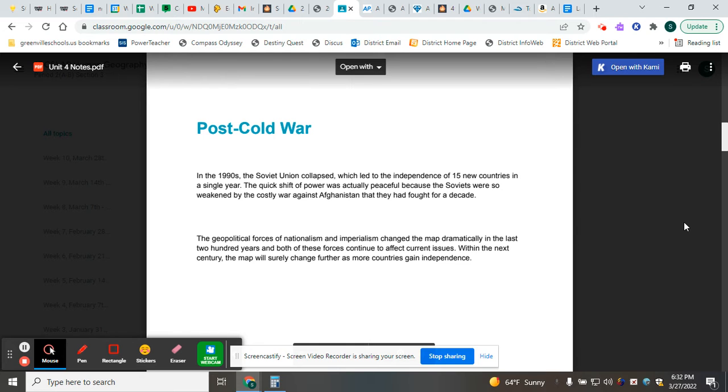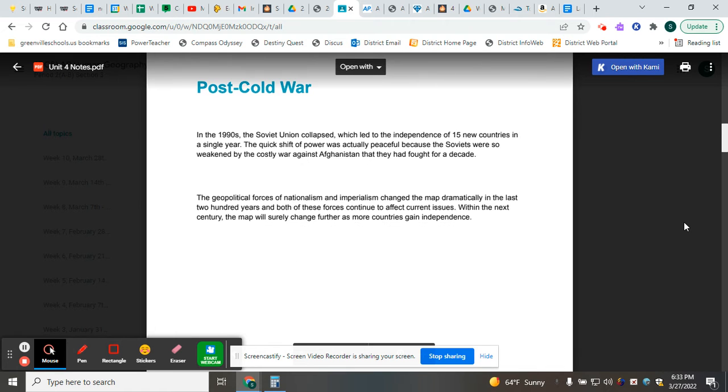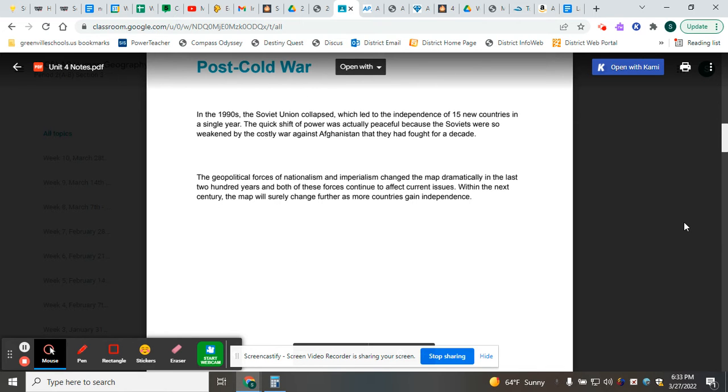The geopolitical forces of nationalism and imperialism changed the map dramatically in the last 200 years, and both of these forces continue to affect current issues. You look at Ukraine, Ukraine becomes an independent country when the Soviet Union falls apart in 1991.